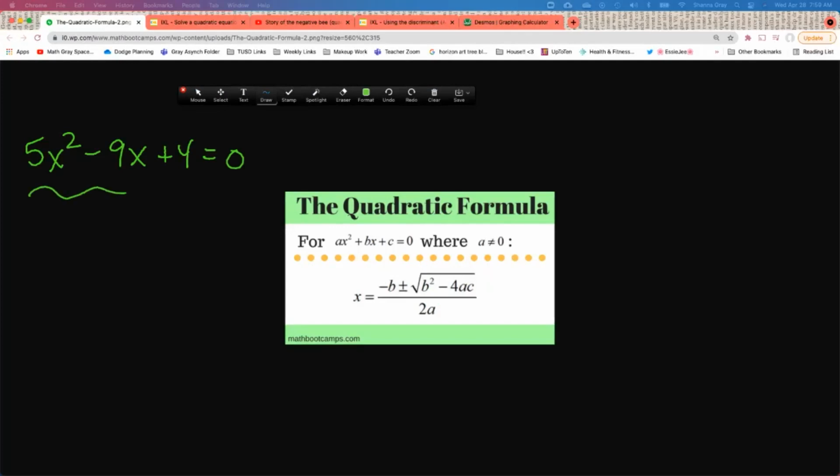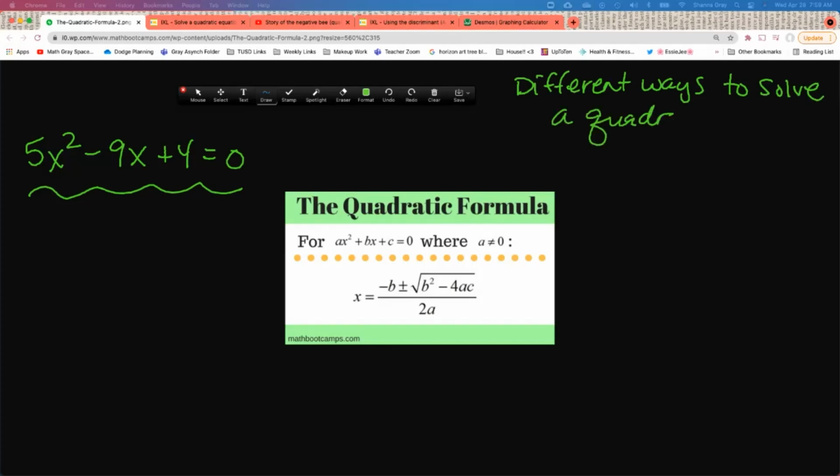Keep in mind, there are different ways to solve a quadratic equation. One of the ways that we have been talking about, method number 1, is factoring. That's why I wanted to start with this example, because this example will factor.